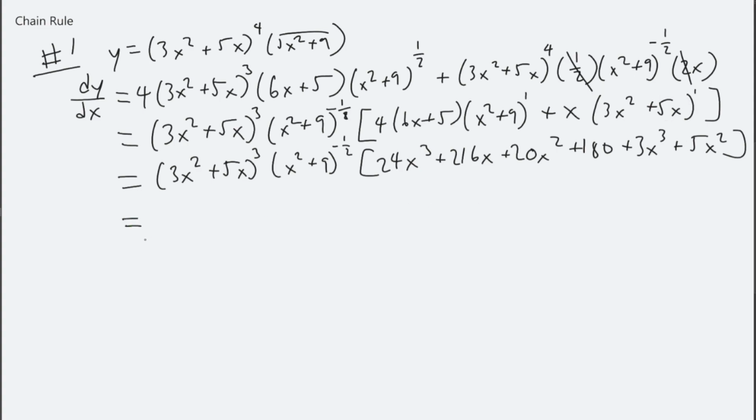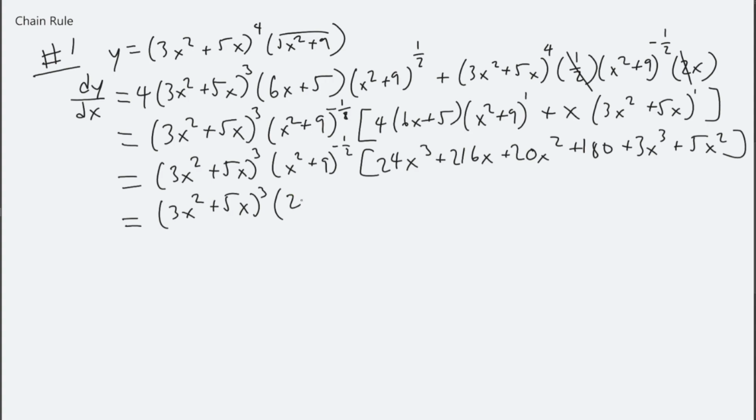Last but not least, we're going to move this negative exponent to the bottom. We're going to put everything together on top. 3x squared plus 5x cubed. And now it's time to simplify everything within this large square bracket.